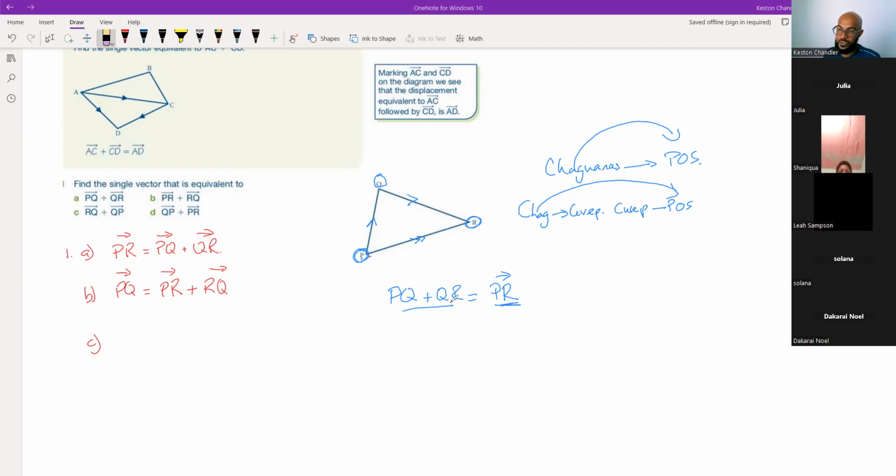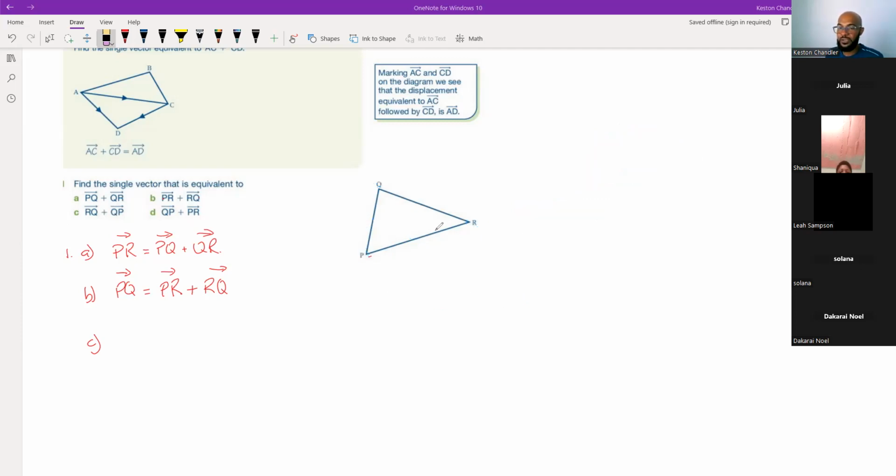Yeah, nice. So let's look at another one. They could just change around the letters that we're using here, right? In part B now, this is our Chaguanas. This is our Curepe. So I go Chaguanas to Curepe, Curepe to Port of Spain. The straight route now is just labeled something different, which is PQ.